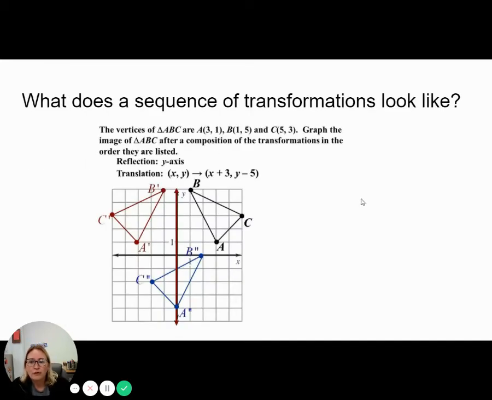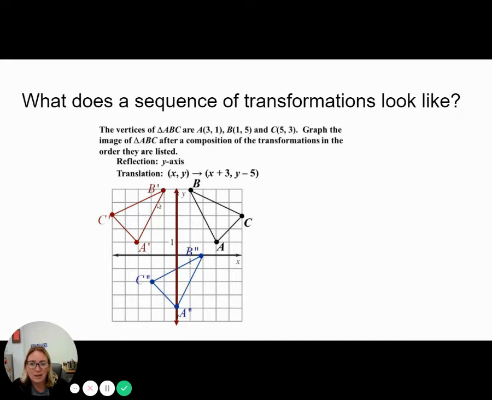All right, so first of all, what does a sequence of transformations look like? Okay, it is taking a figure, our pre-image, and doing more than one transformation to it. So if you look at this one, it gives us this black triangle ABC. And it shows that it was reflected over here in the red.